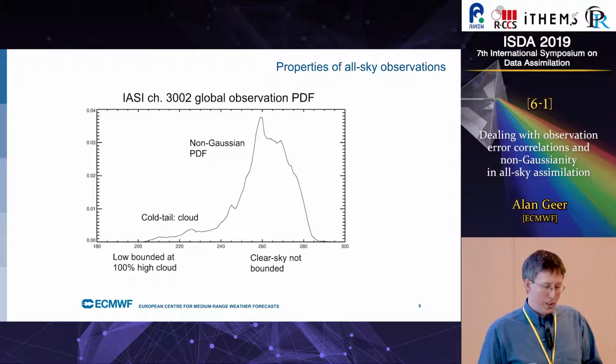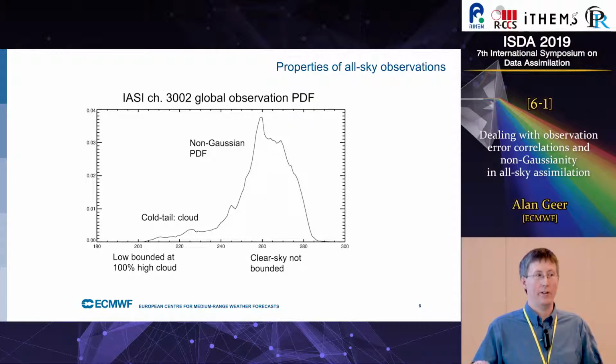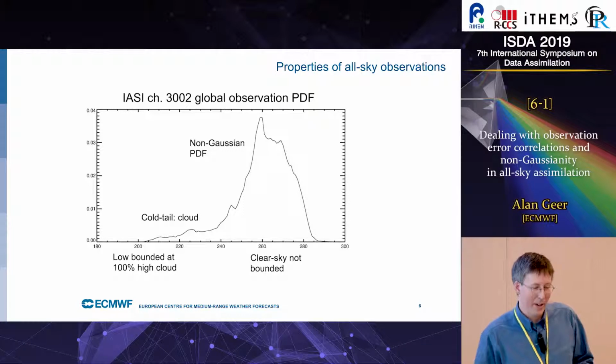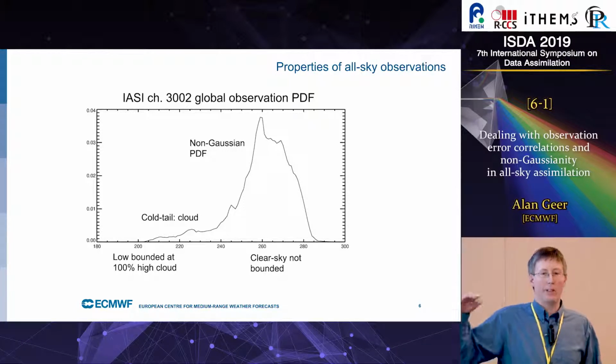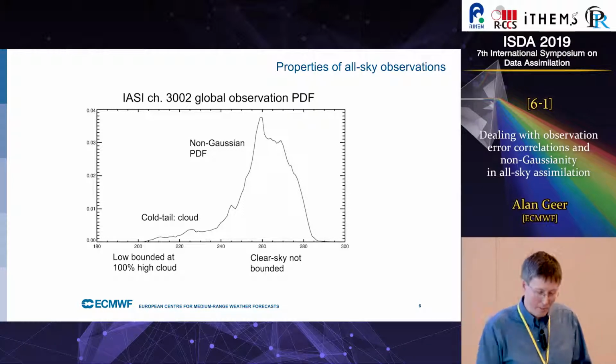And because cloud is involved, these brightness temperatures are bounded. The very lowest brightness temperature you can have is 100% overcast cloud at the tropopause, where it's coldest, and that gives you a very firm lower bound on the brightness temperature, and the upper bound is set by the upper tropospheric humidity. So the cloud part of that is a kind of bounded variable.